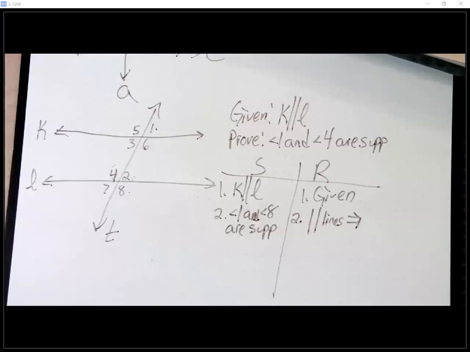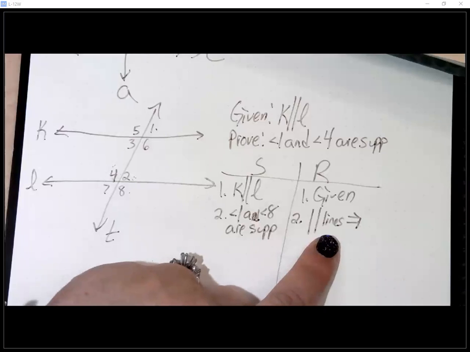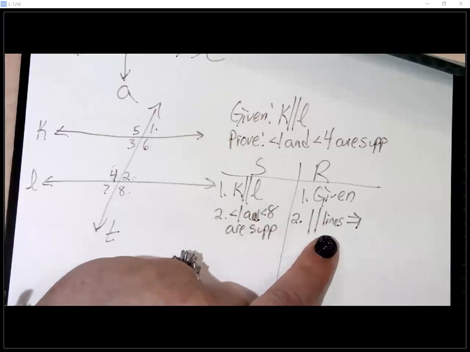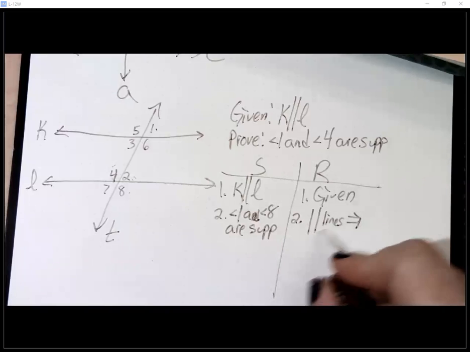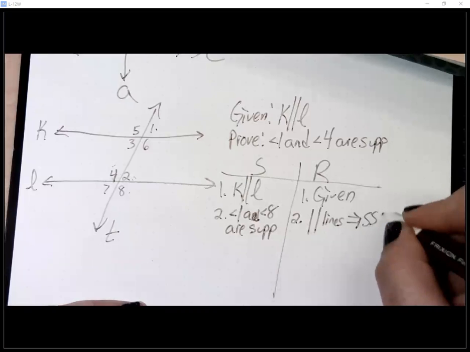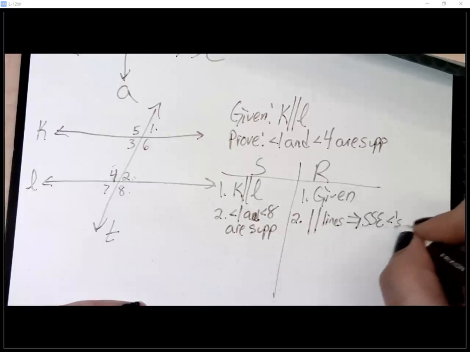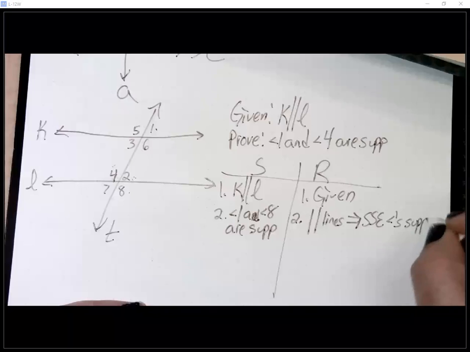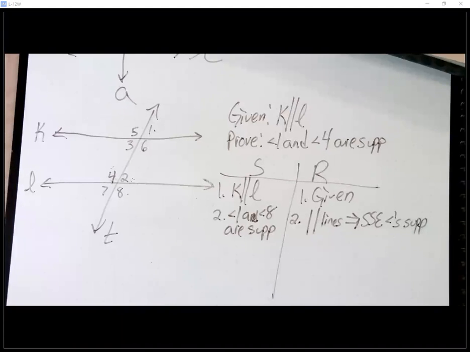So if I know I have parallel lines, I have all those pairs of angles that are going to be supplementary, right? We wrote them out on the last page. So you can write parallel lines give me same side exterior angles supplementary. I know it's kind of a lot to write, but you will get the hang of it, I promise.